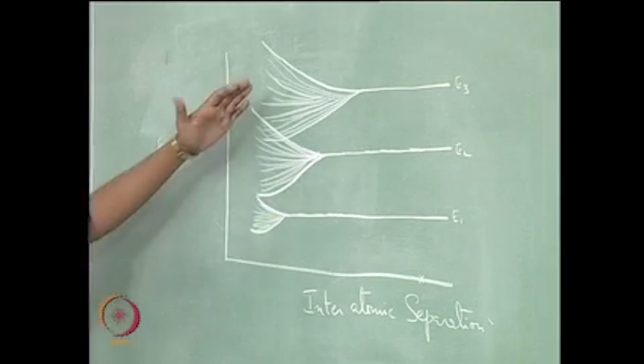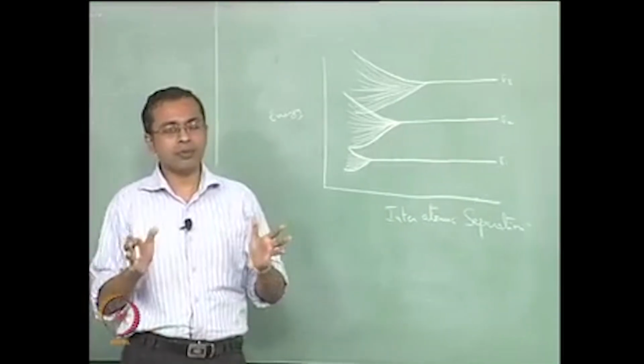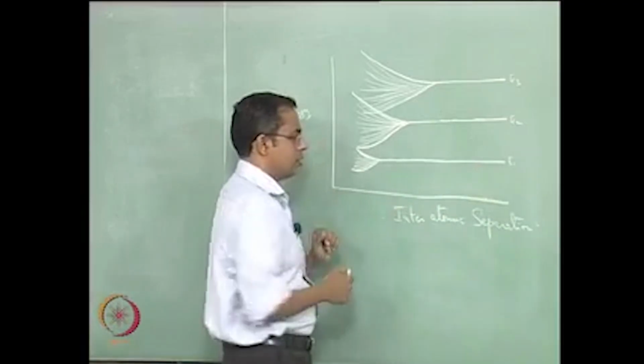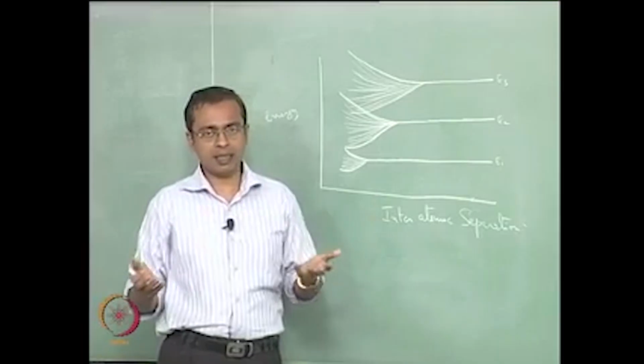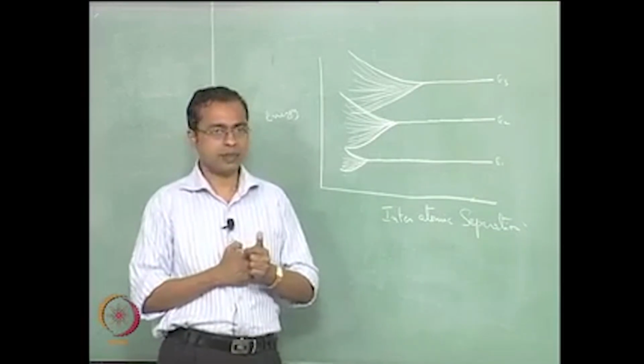So this is what we can expect if you take a set of atoms and start moving them together, and we have now drawn what we can expect based on all possible interatomic separations that we can think of, which we can perhaps experimentally create or enforce on the system, right?